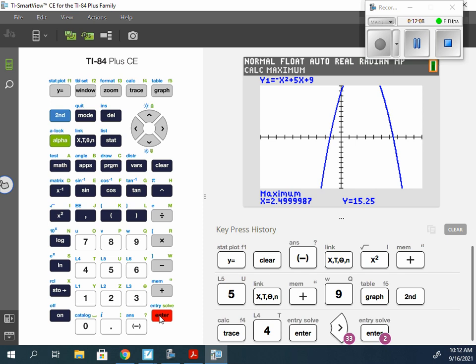I would say 2.5. And the y value is 15.25. Did y'all get the same numbers?